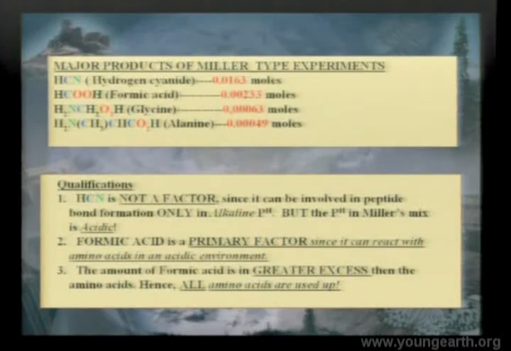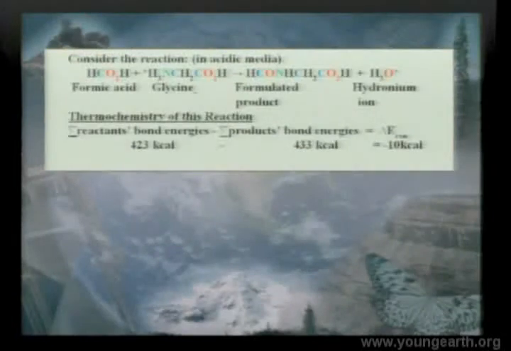The amount of formic acid is in greater excess than the amino acid. So what do we expect? If the formic acid can react with amino acid, what's going to happen? It's going to react. Will there be any amino acid left? No. How are you going to get peptide bonds? You can't. How are you going to get proteins? You can't. Nothing can happen because the amino acid's removed.